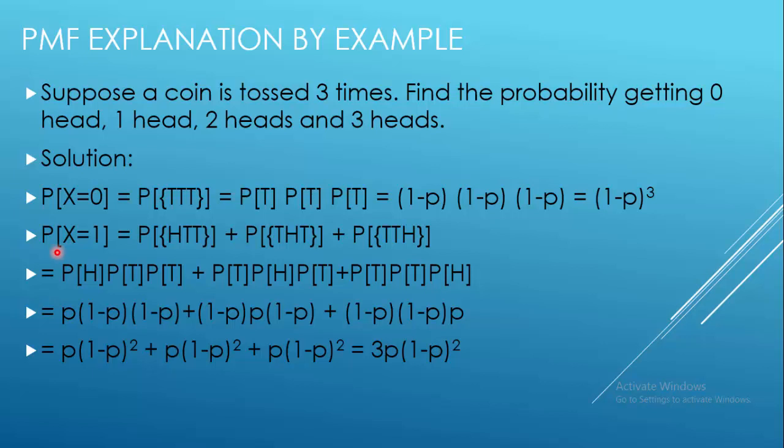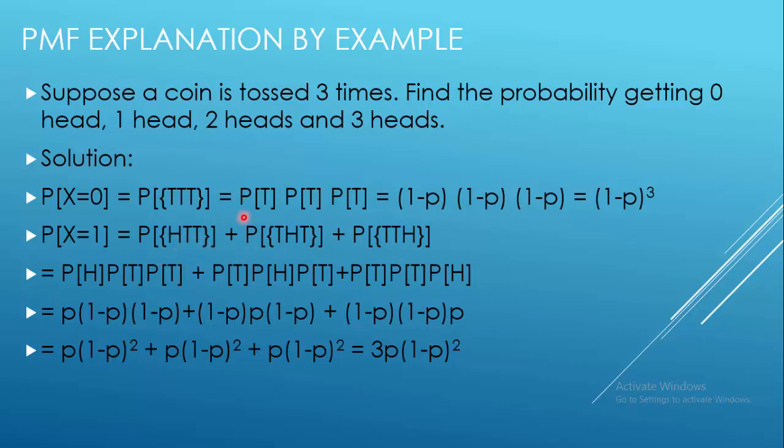Now, having just 1 head in 3 tosses: that is the probability of head, tail, tail, or the probability of tail, head, tail. So in the first toss you got tail, the second toss you got head, and the third toss you got tail again, or in the first 2 tosses you got tail, and the last toss you got head. So how do we get the probability for each one of them?